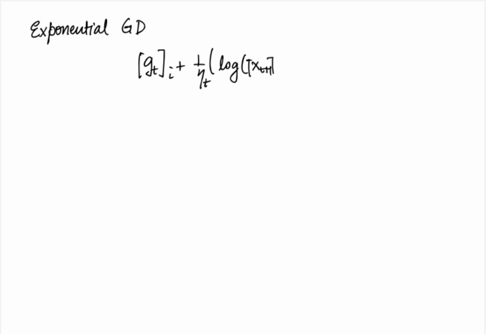So these updates will give rise to an algorithm called the exponential gradient descent. To derive it, observe that the first order optimality condition can be written as g_t of i plus 1 by eta_t times log of x_{t+1} of i minus log of x_t of i, plus lambda equal to 0.